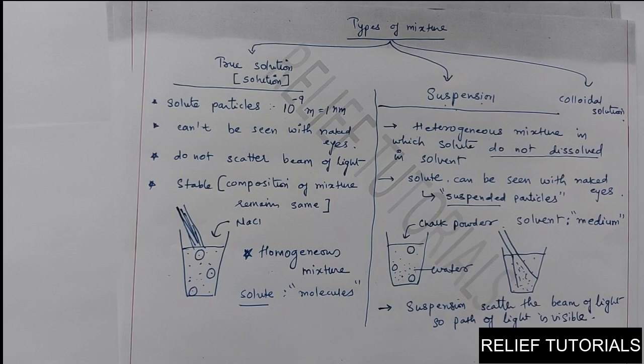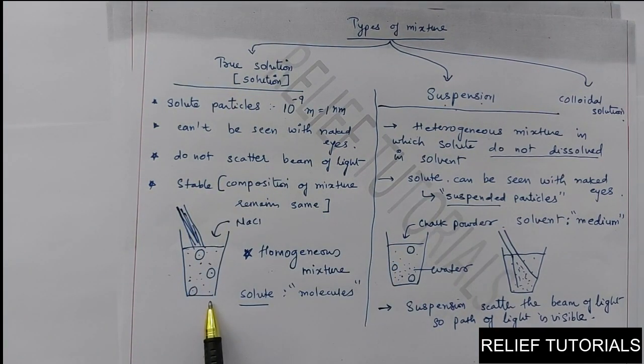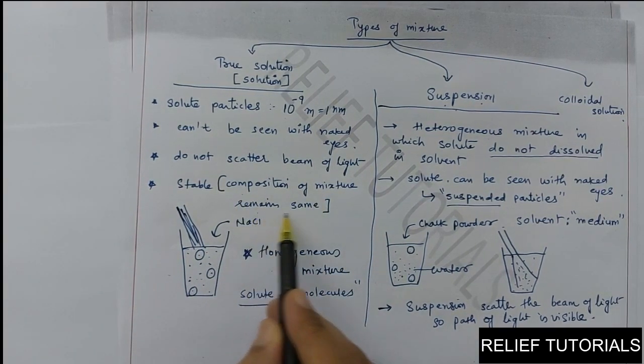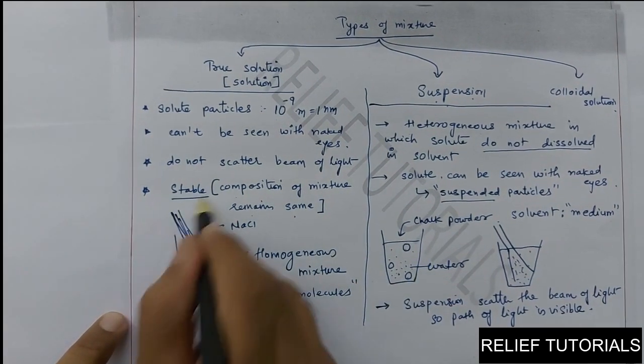Now the solution, if you keep the solution as it is, undisturbed, steady on the table, the solute particles are not going to settle down. That is why composition of mixture remains same. So that is why the true solutions are stable.